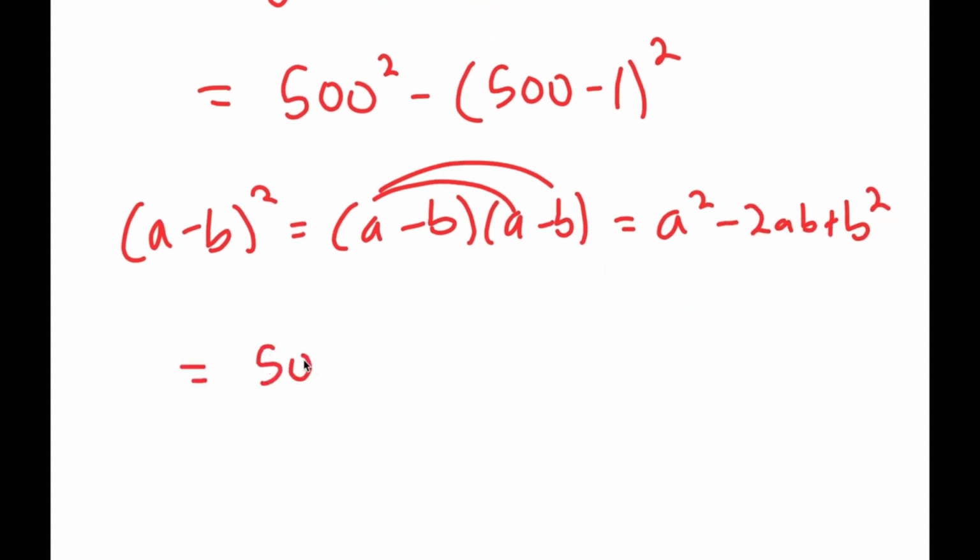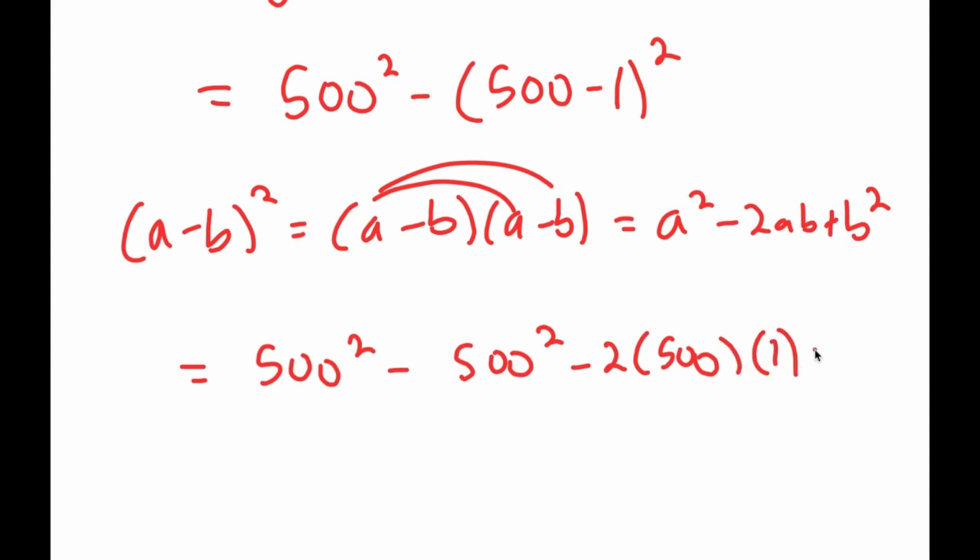So this is going to turn into 500 squared minus (500 squared minus 2 times 500 times 1 plus b squared, which is 1 squared).